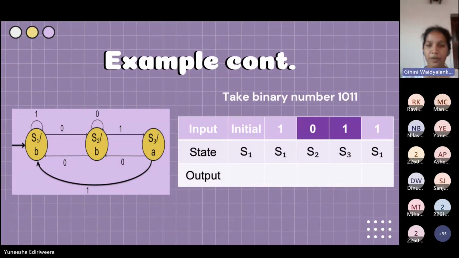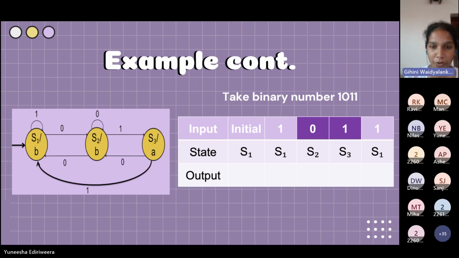So now, once again, we'll take the previous example, which is binary number 1011, and see what kind of output it will produce according to the Moore machine. So now we have an initial state as S1. Even before giving an input, an output will be produced, because in Moore machines, as I said earlier, only present states are being considered.